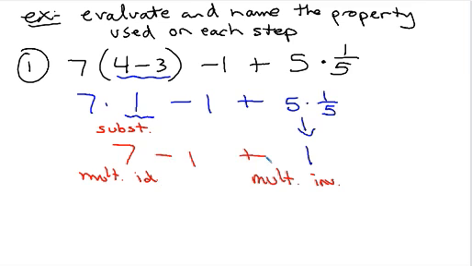The rest of the way, isn't it going to be substitution? 7 minus 1 is 6. 6 plus 1 is 7, and so on. And of course, 6 plus 1 is 7. Both of these are the substitution property.